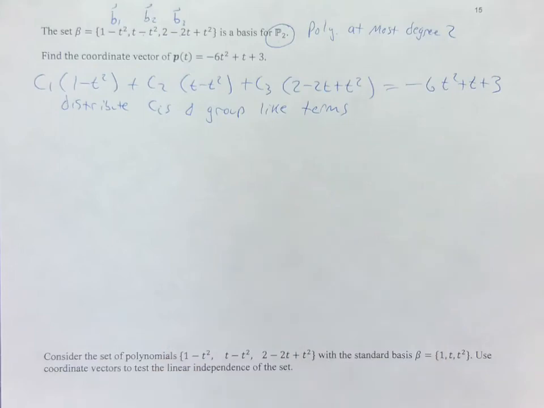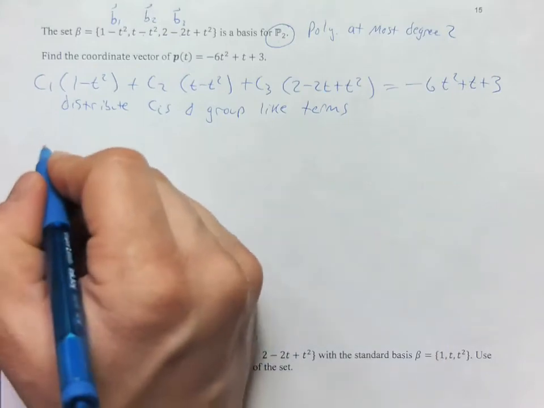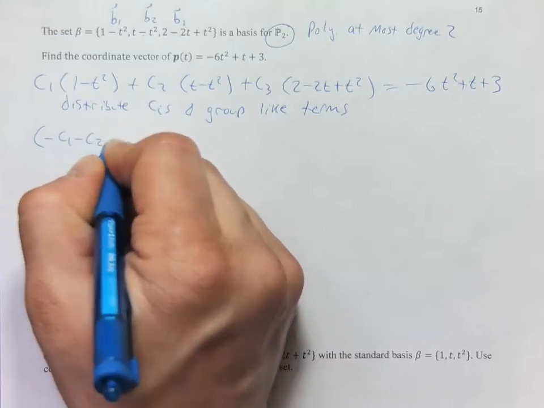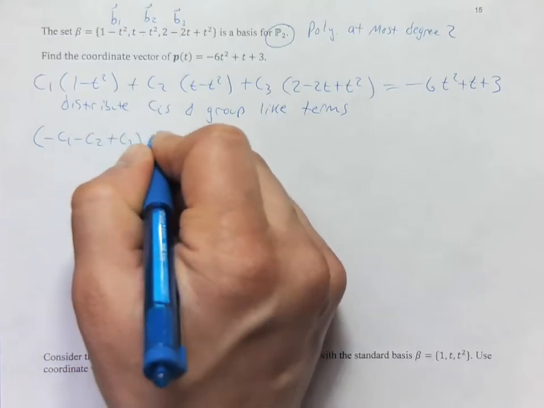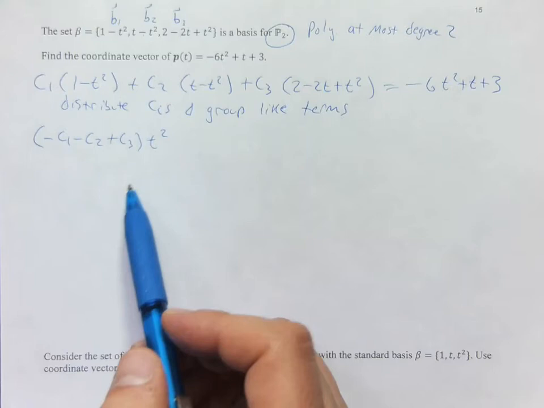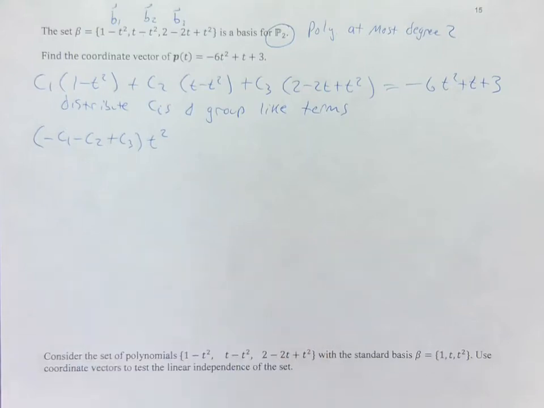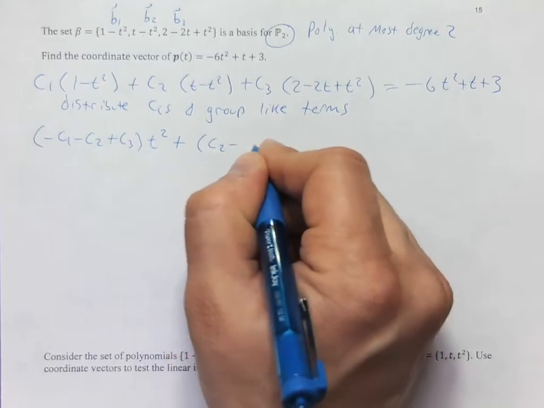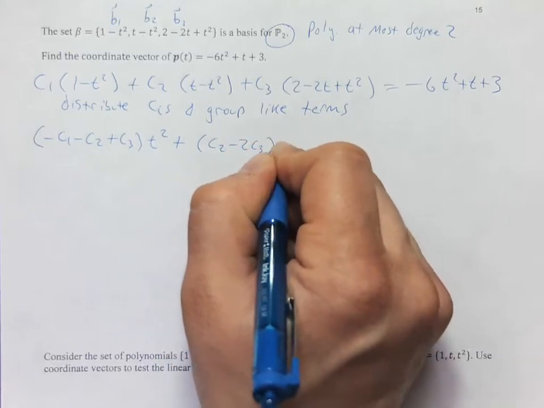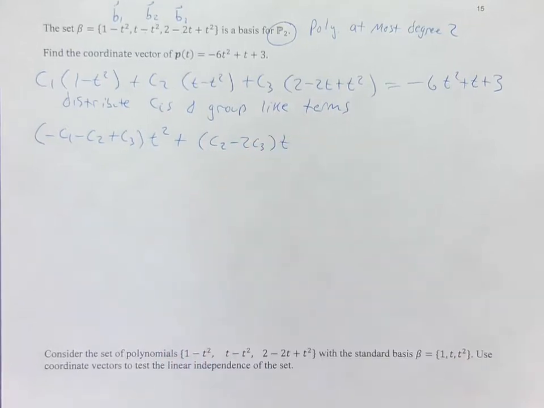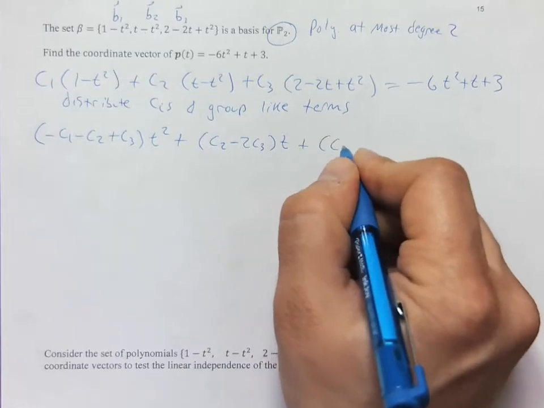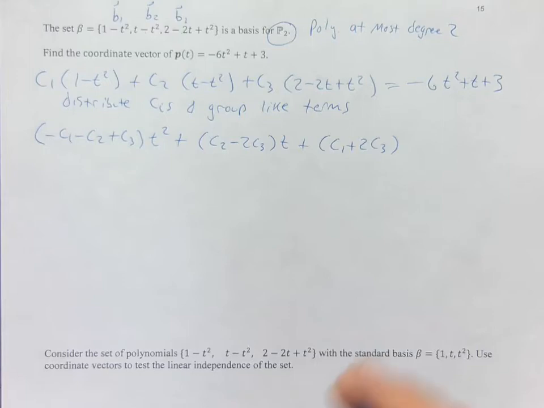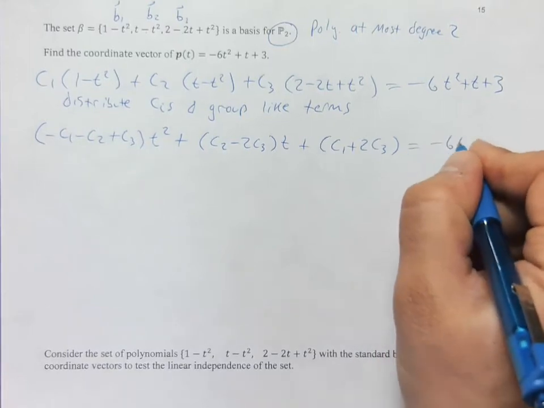So I'm going to get all the t squared things together. When I group all the t squareds together, it comes with minus C1 minus C2 plus C3 t squared. Those are the t squared coefficients. This is the t coefficient, C2 minus 2C3 t. And then the constants end up being C1 plus 2C3. And again, we want that to equal our given polynomial.